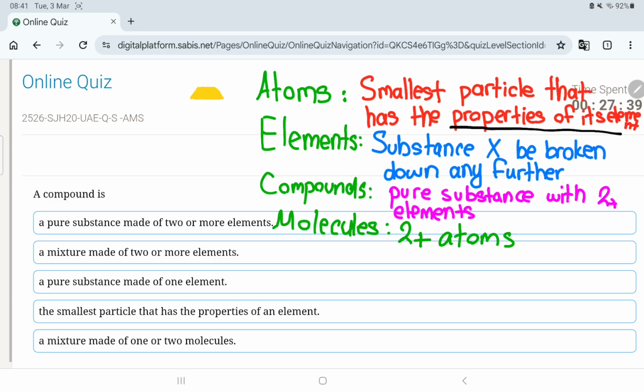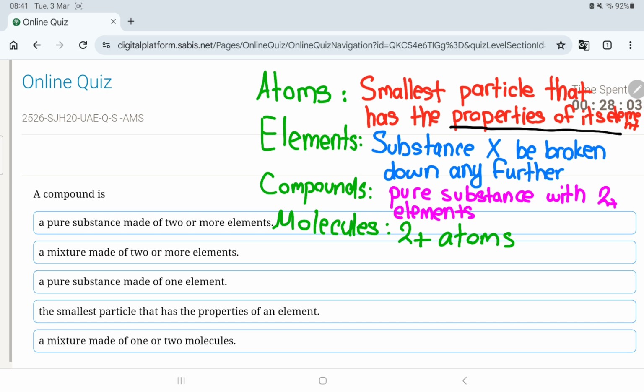The gold atoms are going to have the same properties as gold, right? Because it's literally what's making up the gold. This is all you need to know about atoms.